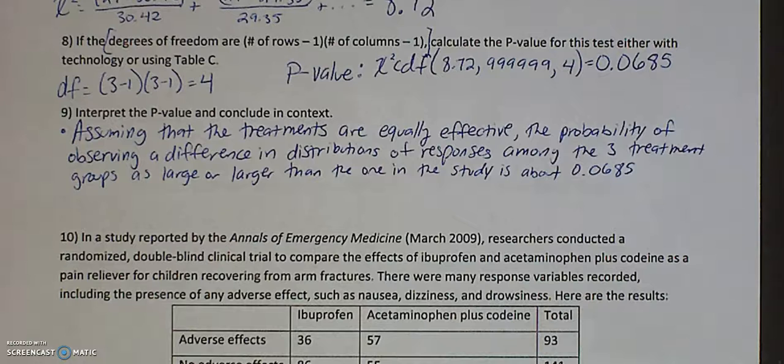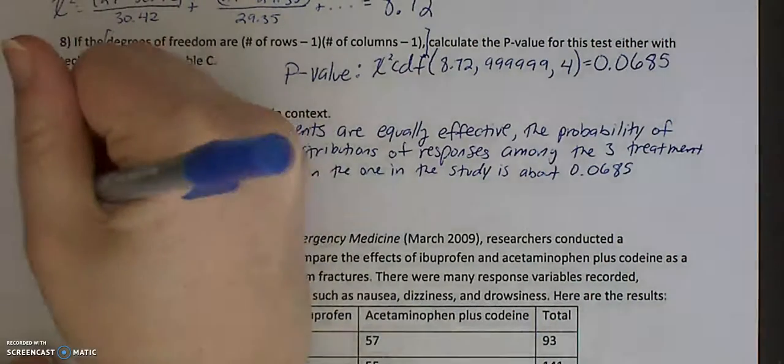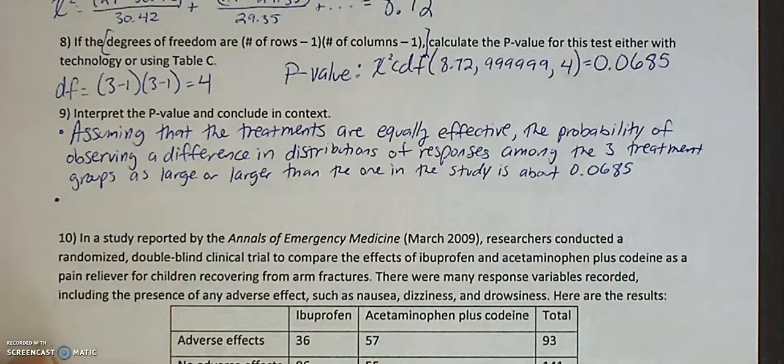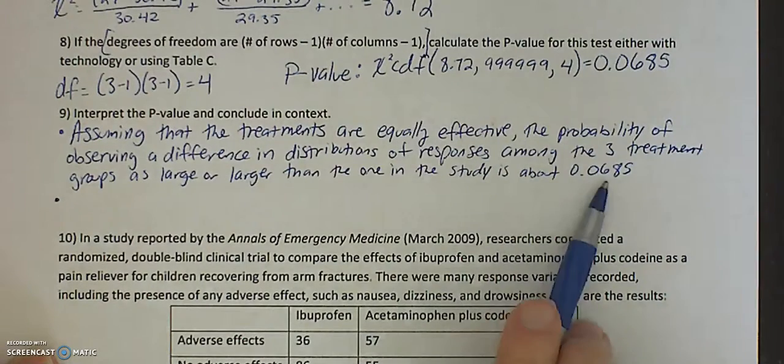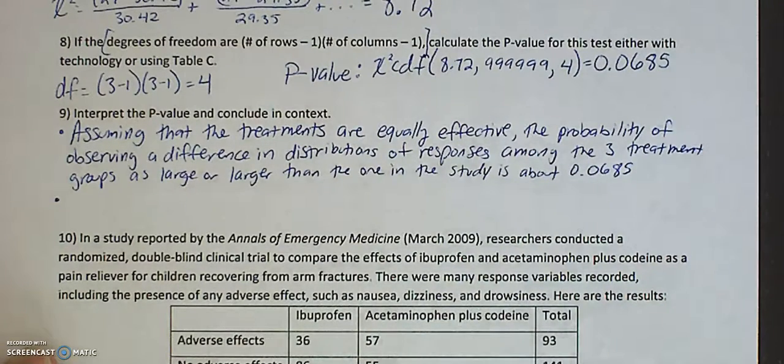And then concluding in context. So this is where we think about comparing our p-value to our alpha. I'm not sure if we ever stated our alpha, but we always assume 0.05 otherwise. So, since our p-value is greater than 0.05, we're going to fail to reject our null, which means we do not have convincing evidence that there is a difference in the distributions of responses for these patients.